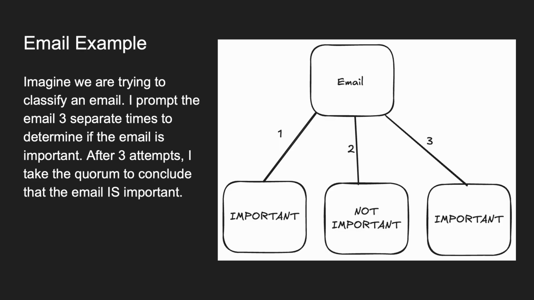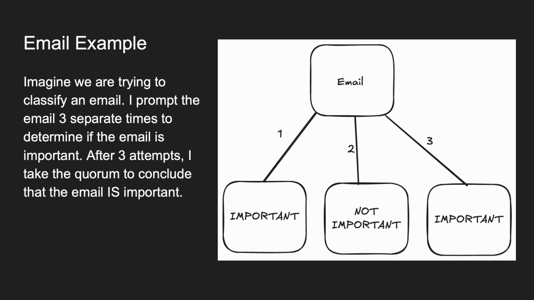So here's a classic example using email. Imagine we're trying to classify an email. I prompt the email 3 separate times to determine if the email is important. The first time it thought it was important, the second time it thought it wasn't important, and the third time it thought it was important.